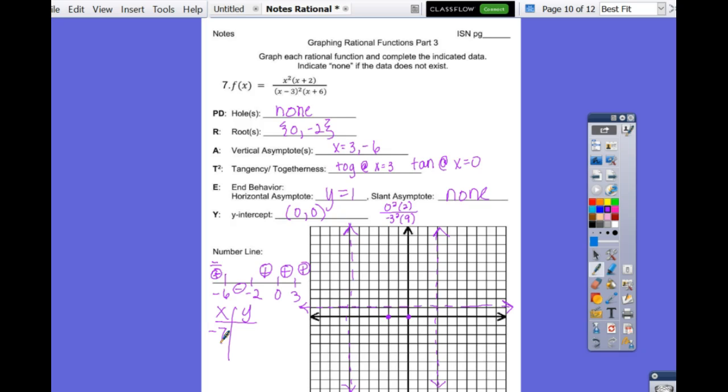Now we're going to divide 245 by 100 times negative 1. So divide by negative 100. So positive 2.45. All right. So at negative 7, it's like right here. So it's like somewhere close to right there.